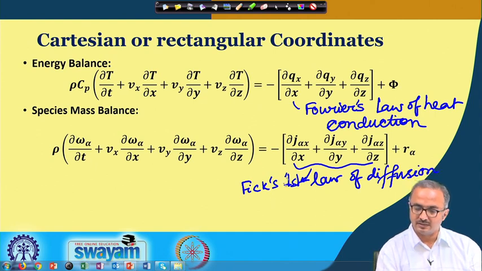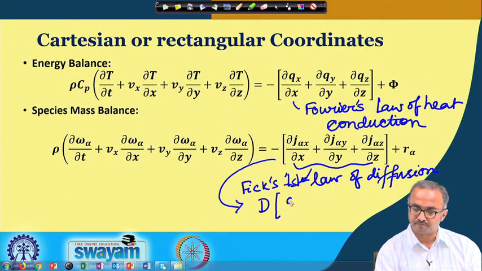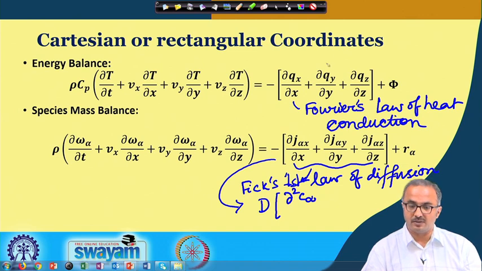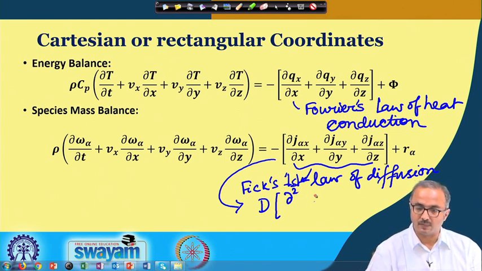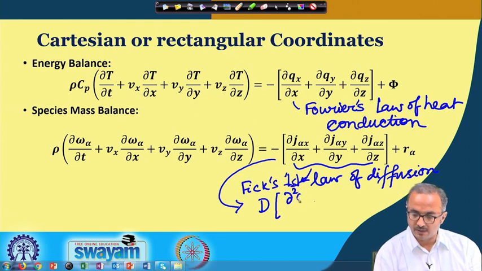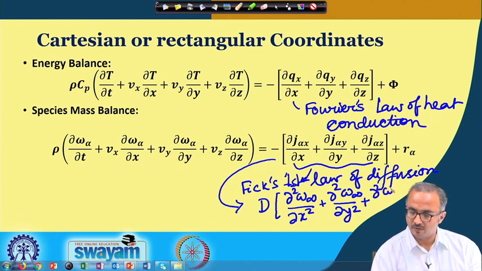I am not going into the details of these derivations; it will simply give us the diffusivity coefficient D times d2 omega alpha by dou x square plus d2 omega alpha by dou y square and dou 2 omega alpha by dou z square.